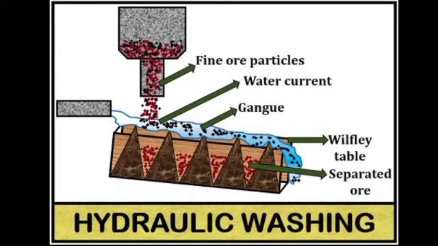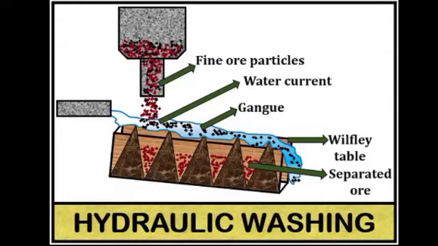The crushed ore is inserted in the top. These are the small fine ore particles. And this water current is applied. What is water current? Water current is the rate of movement in water. Then gangue particles are placed here and filtrate.